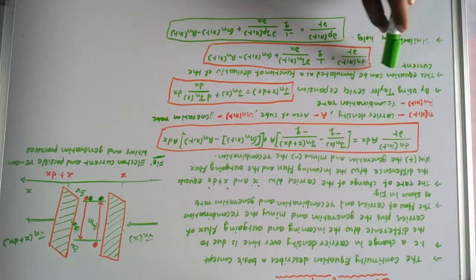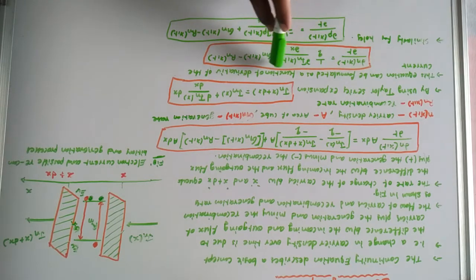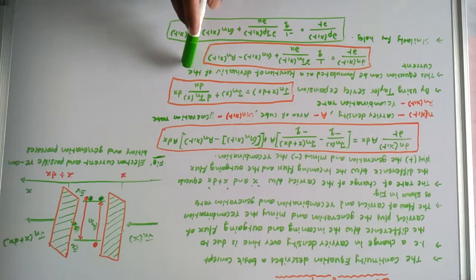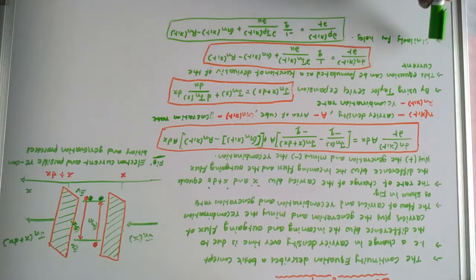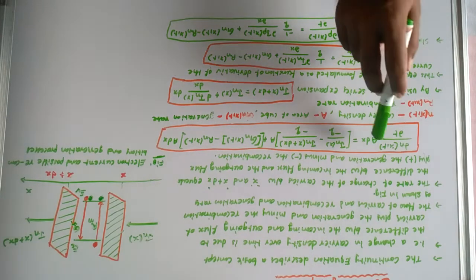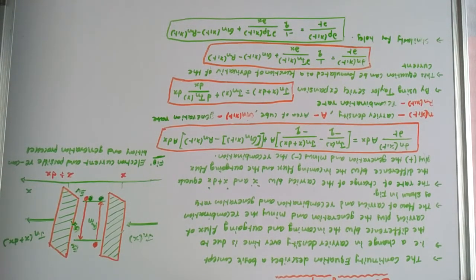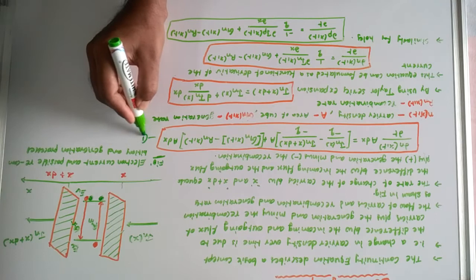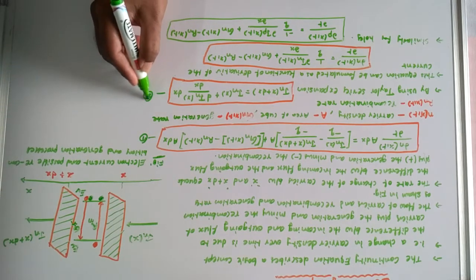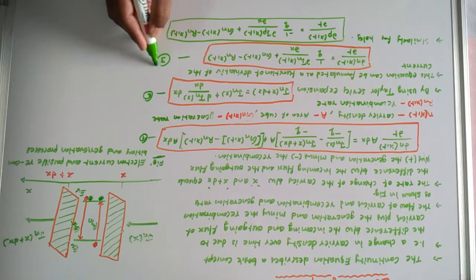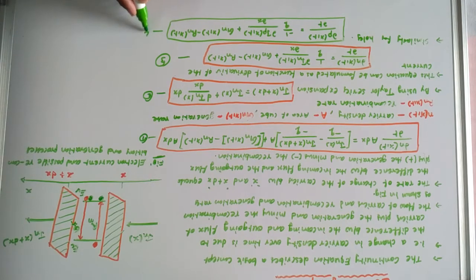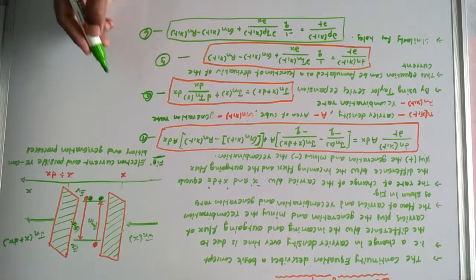Next, this equation can be formulated as a function of the derivative of the current for electrons. This is equation 1, this one is equation 2, this one is equation 3, and this one is equation 4.